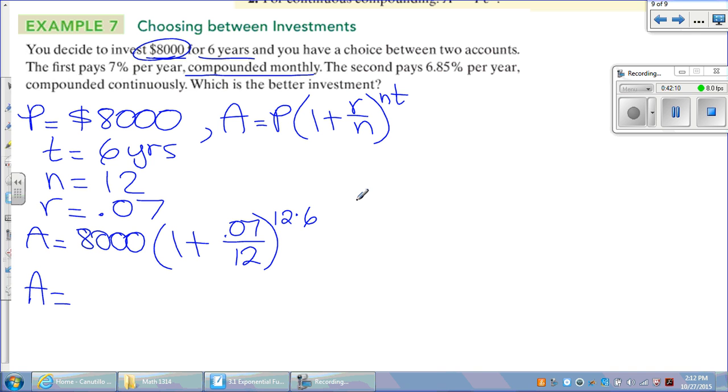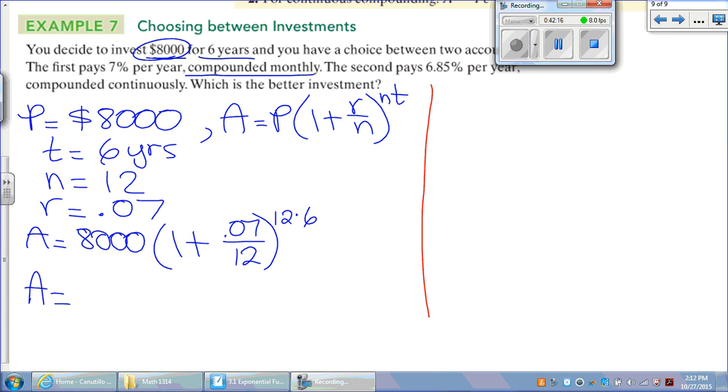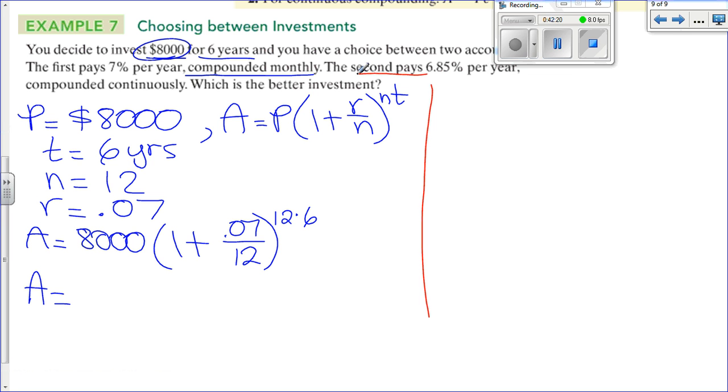Now the other problem, the second account. Go ahead and keep reading, Ezekiel, a little slower, please. The second pays 6.85% per year compounded continuously. Which is a better investment? Okay, so the rate is 6.85%, so that will be 0.0685.